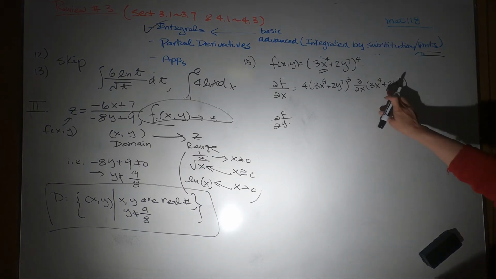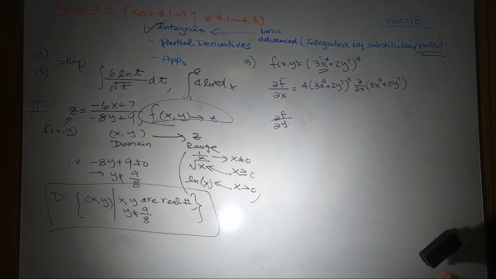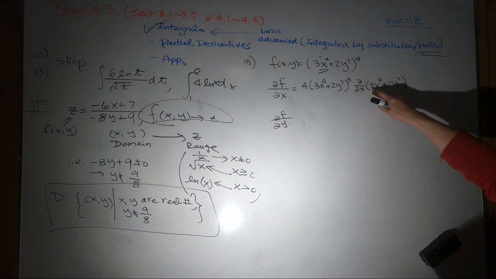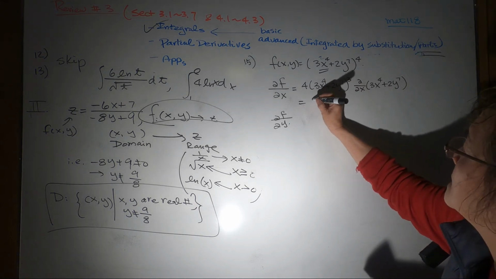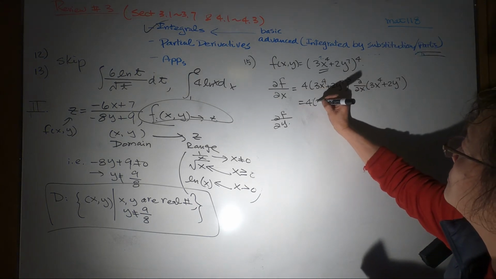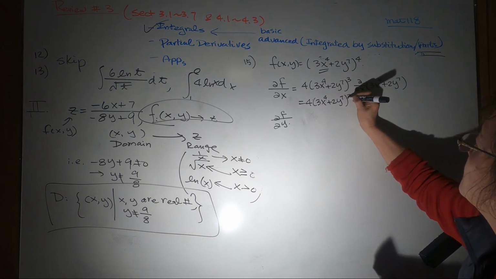You take a derivative of this. That would be 4 times 3, which is 12, drop one level, right? So that would be 4, (3x^4 + 2y^7) to the third.